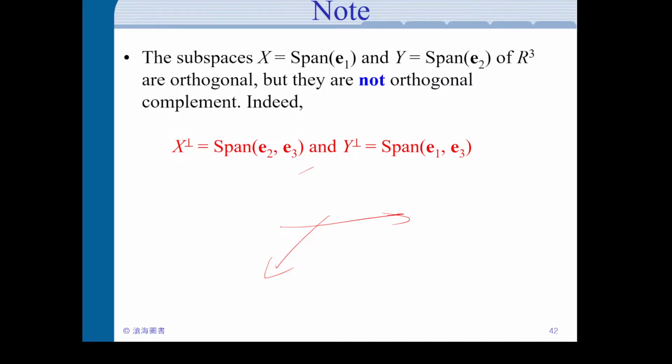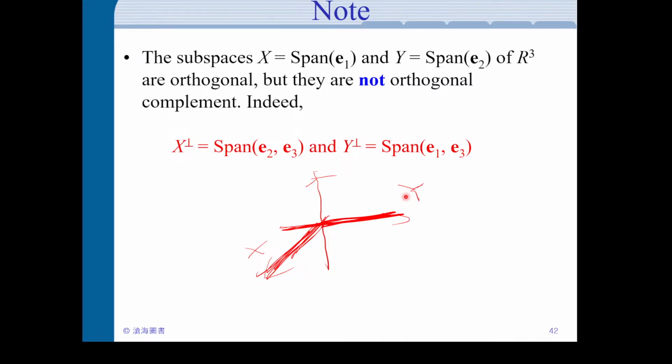So we have R3 being this XYZ space. Let's draw the axes a bit better. We have our X subspace being this X line, and Y subspace being this Y line. They are orthogonal to each other because everything on this X line and everything on this Y line are orthogonal to each other.